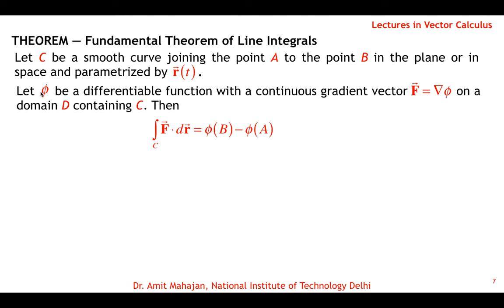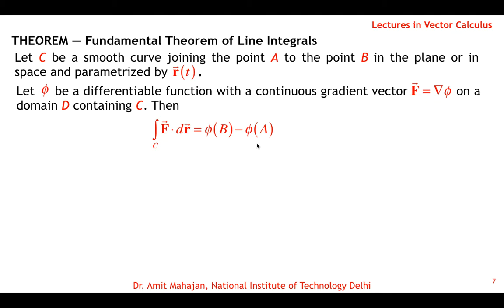So you have a scalar function phi whose continuous gradient vector is the vector f. So f is the vector field such that it is the gradient of a scalar function on the domain D containing this curve C. Then the line integral of f dot dr is independent of the path and depends only on the endpoints A and B, so it can be calculated directly from the scalar function phi, by calculating the value of phi at the endpoint B minus the value at endpoint A.